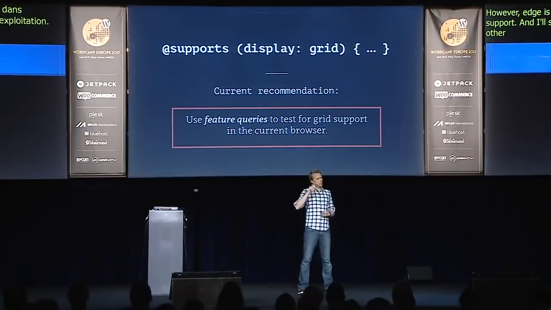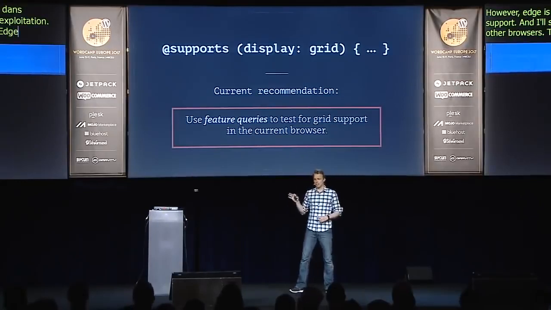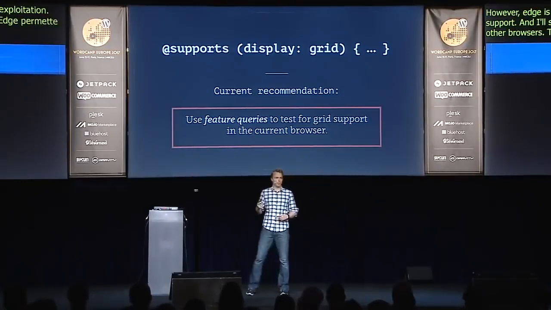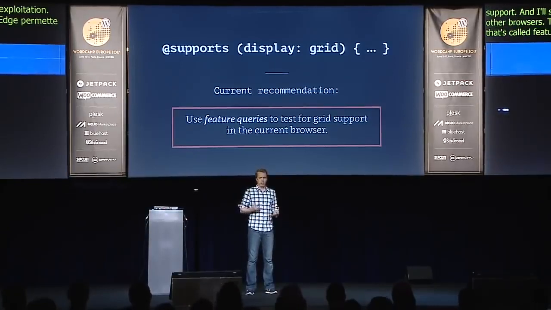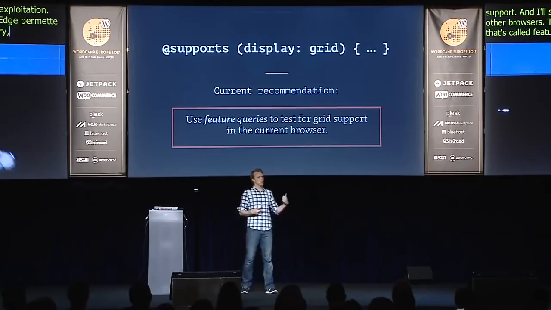And I'll show you how to create proper backwards compatibility for all other browsers. There's this other thing that has nothing to do with CSS Grid called a feature query that we can use now to ask a browser, do you support this CSS property? And we can use that to test whether or not the browser supports grid. The canonical best practice is to ask @supports (display: grid).